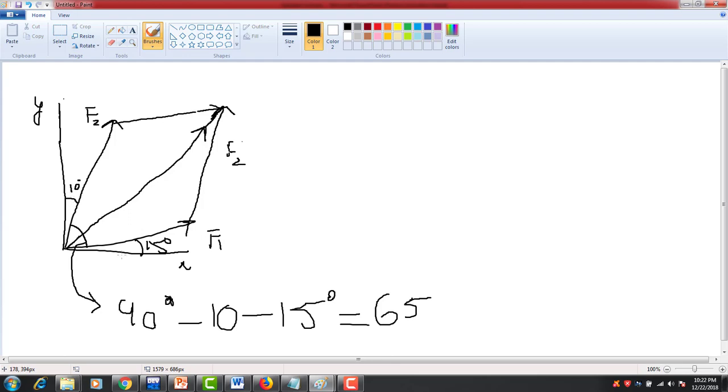This is the angle between F1 and F2, that is 65. So I am writing this 65 degree. In a parallelogram the opposite angles are the same, so this is also 65 degree.